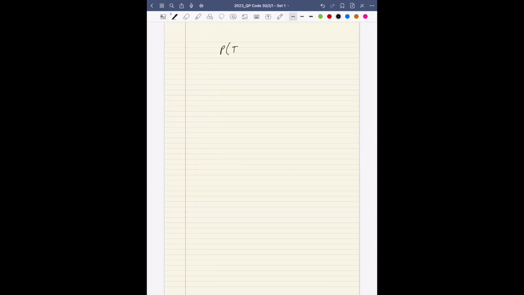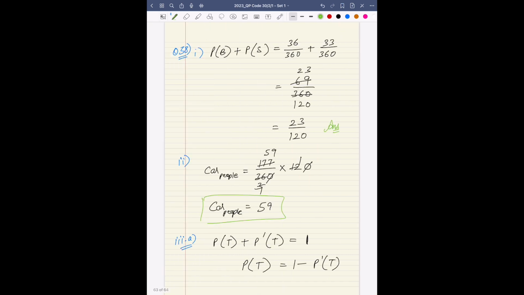So probability of people going by train is 1 minus 4 by 5, or simply 1 by 5. So number of train people is probability into total number of people who were surveyed or who went on holiday. Cancel this. 24 people went by train. Okay, 24 went by train, 59 went by car. The others they have not asked, so leave it.